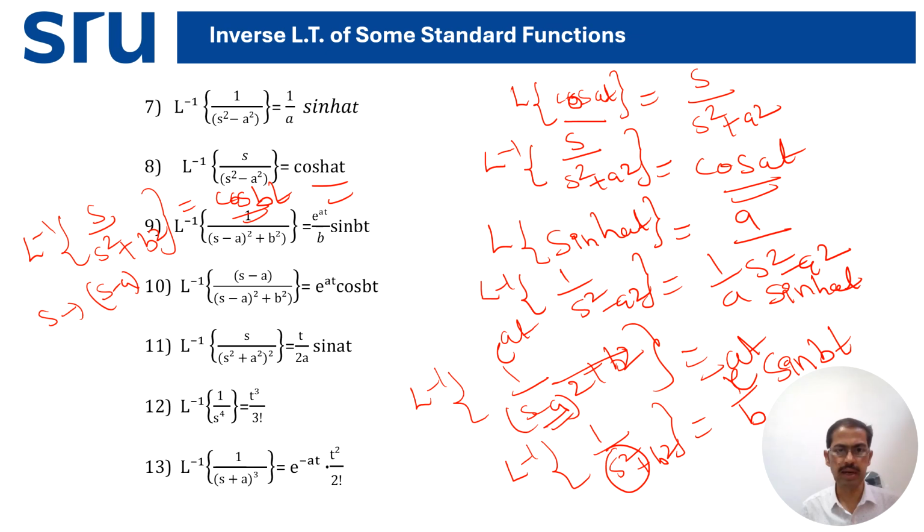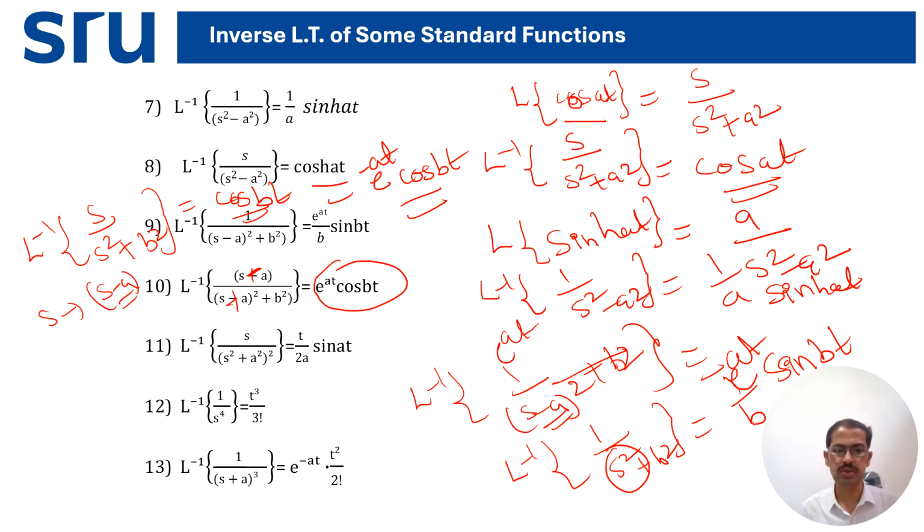Just add e to the power of at into cos bt by the first shifting theorem. Suppose s plus a is there, then you add e to the power of minus at. Here e to the power of at into cos bt, because s minus a is there.